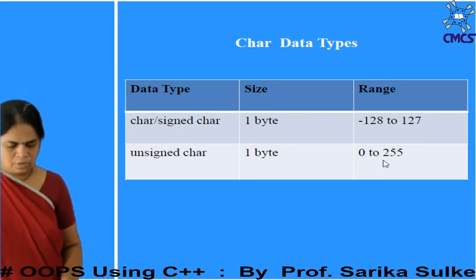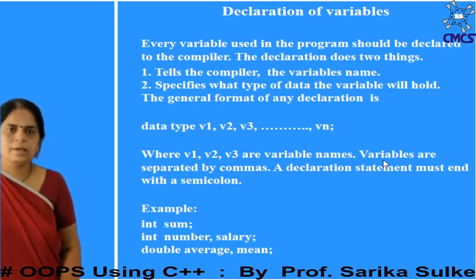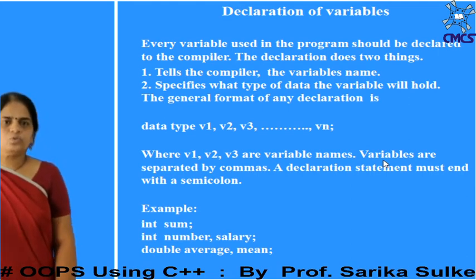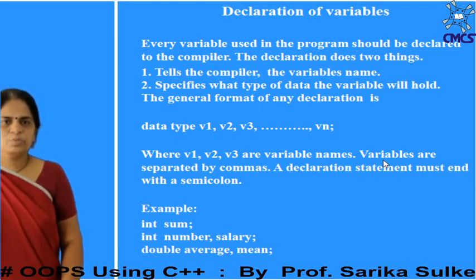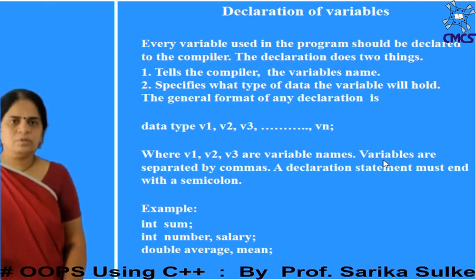So it can be signed or unsigned char. So this is about the declaration of variables. Whichever variables you have chosen for your program must be declared in the declaration section. In C++, there is a difference between C and C++ for the declaration of variables.